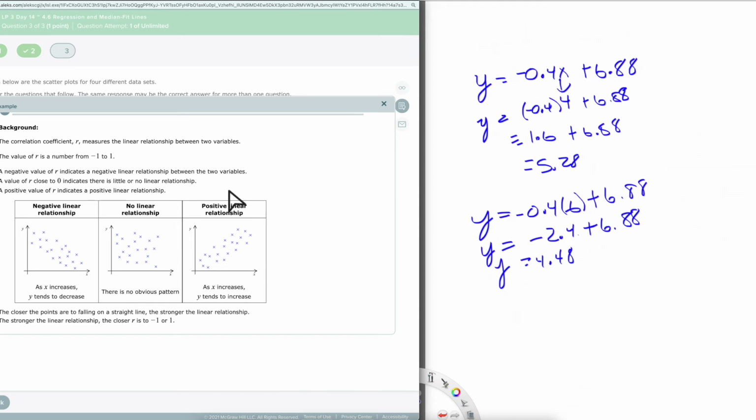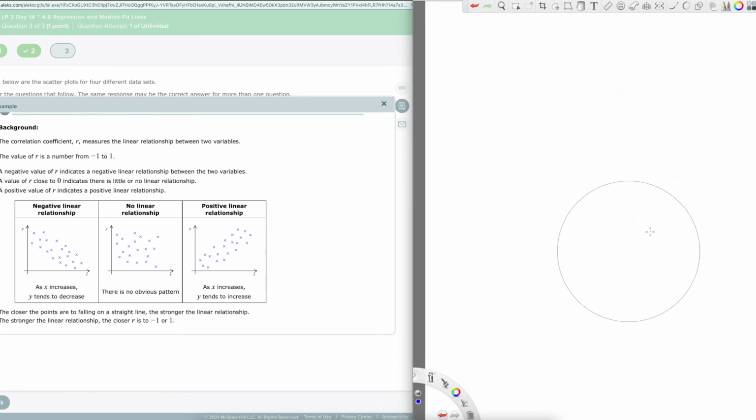The value of R, which is our correlation coefficient, is a number from -1 to 1. And we can directly think of this as a percentage. So -1 is -100%. 1 is 100%.